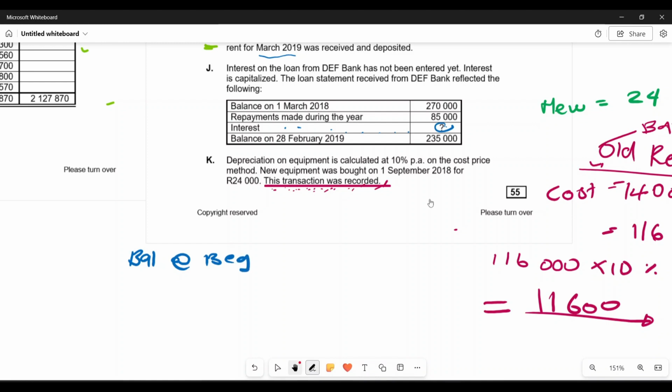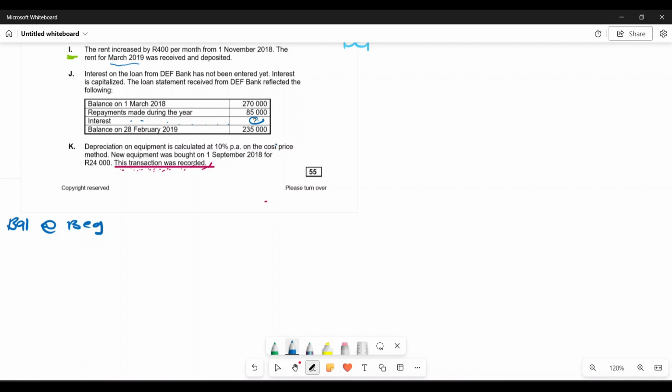Okay, let me erase the other side. Balance at the beginning, you're going to subtract your repayments. It's in accordance to this table, by the way: balance minus your repayments plus your interest, and this would be equal to your balance at the end.